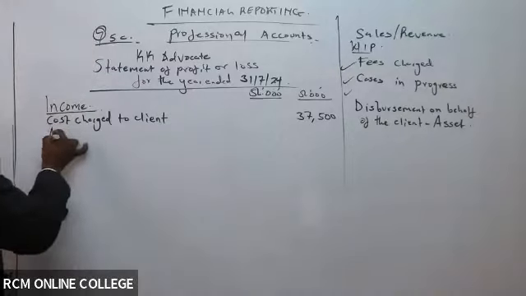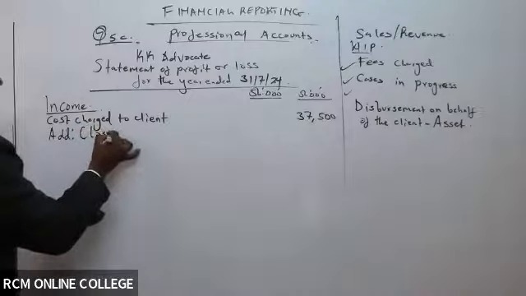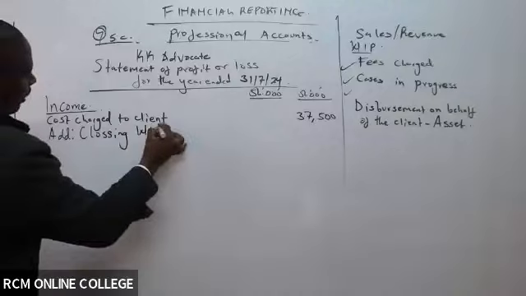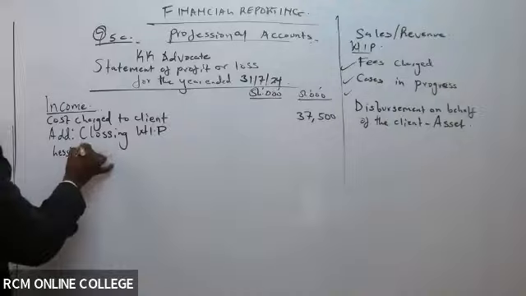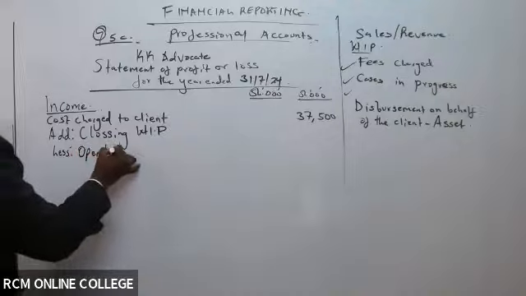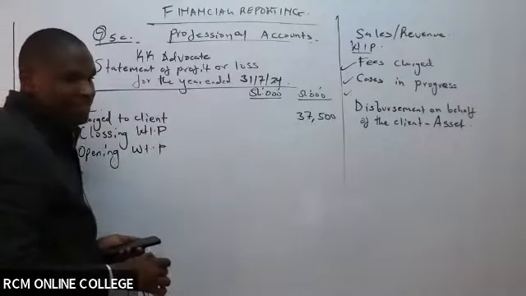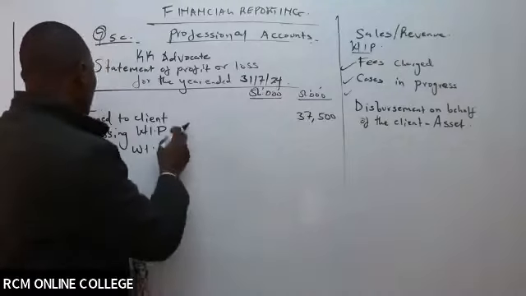Always remember that we usually add closing WIP. Here for income, you add closing WIP unless opening WIP. Sometimes the examiner will call it cases in progress. What is our closing WIP?